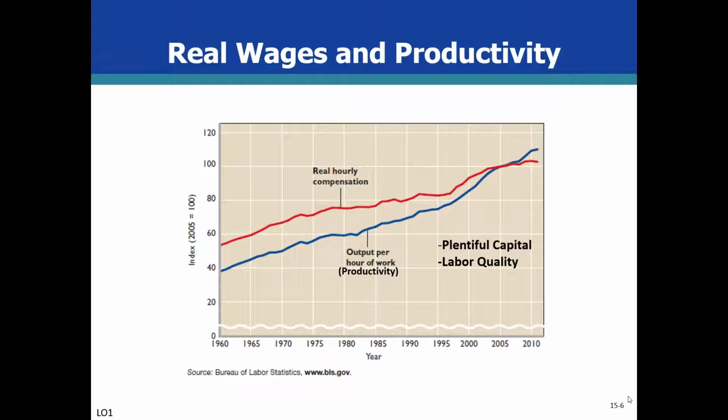Likewise, the workforce in the United States is healthy and well-trained. Thus, the quality of labor, in conjunction with increased capital, has contributed to the increase in productivity and the increase in wages.